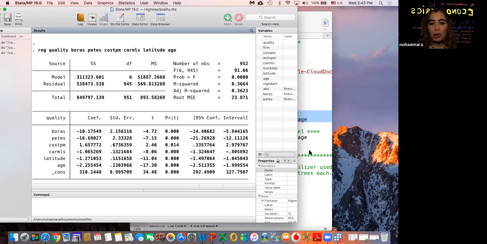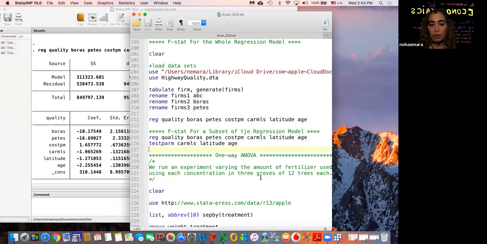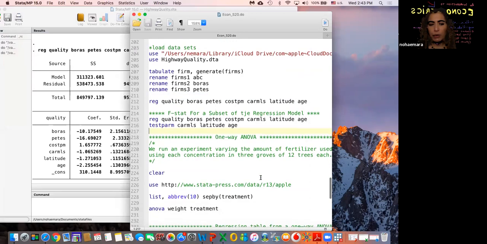What about if I want to do a subset of the regression? If I want to do a subset, we use a command called test. You're testing certain parameters in the model. How can you do that?